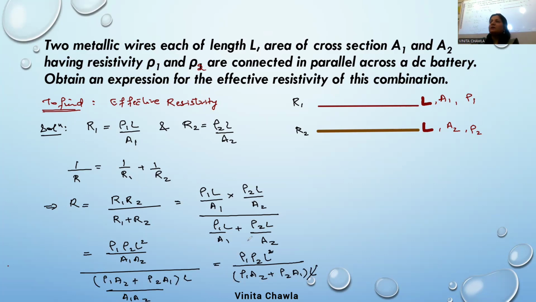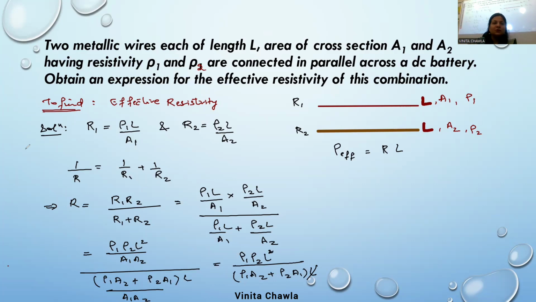This is the net resistance. Now we have to find the effective resistivity. Effective length will take the same value, L only, because we are connecting these two wires in parallel, so length will remain the same. There will be no change in length.